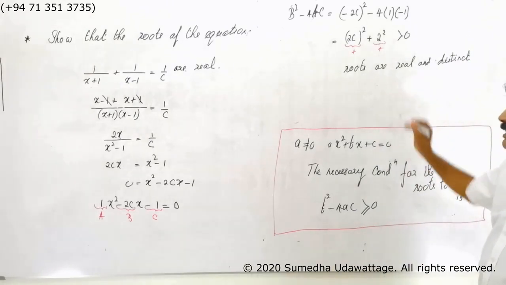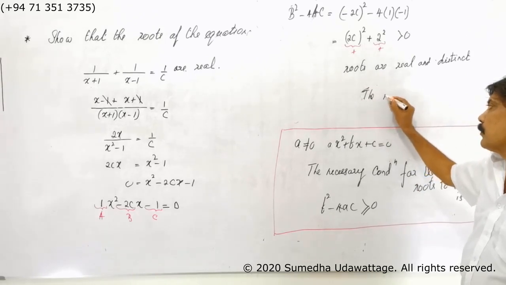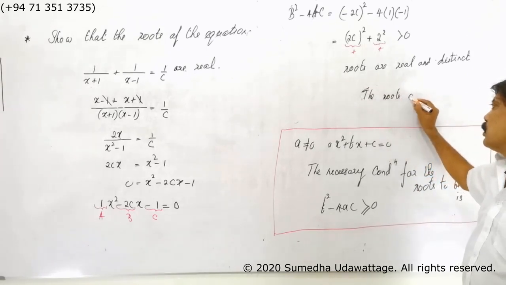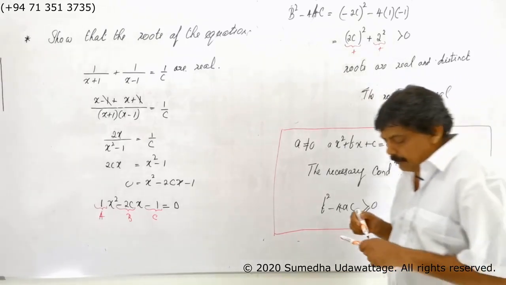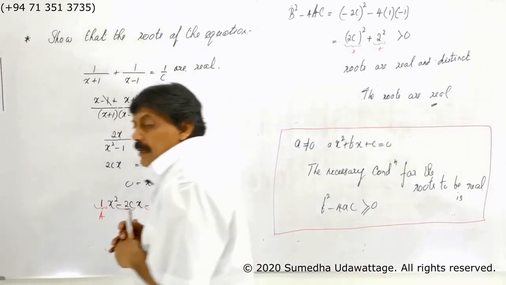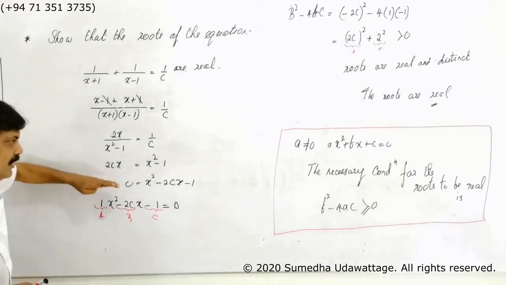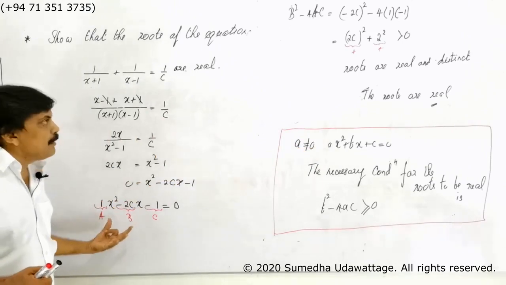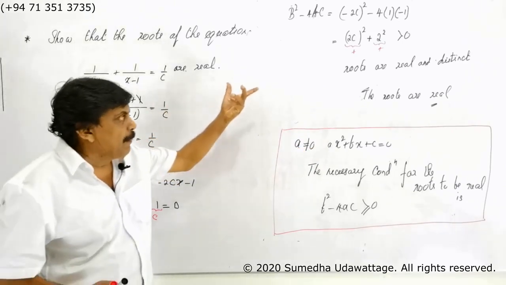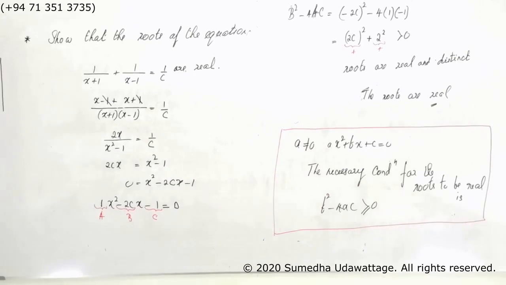Therefore, the roots are real and distinct, in the sense that the roots are real. Now look here. This given equation, we first turned into the general form. Then we took the b square minus 4ac value, which is larger than 0. The roots are real and distinct, in the sense the roots are real.